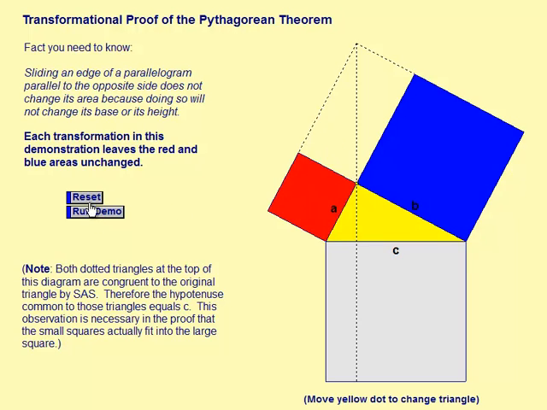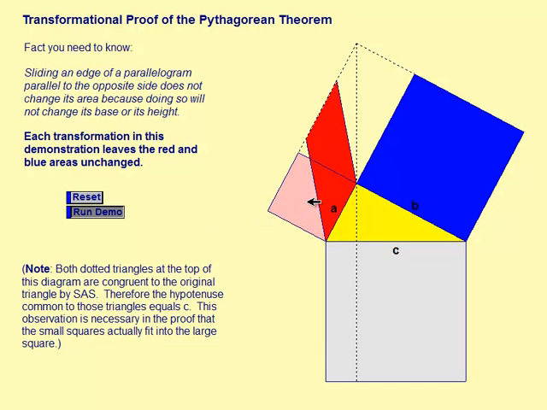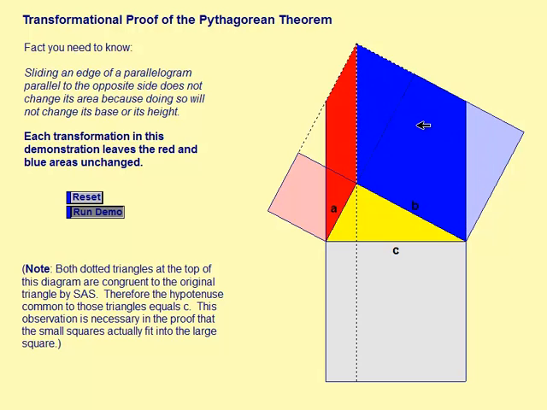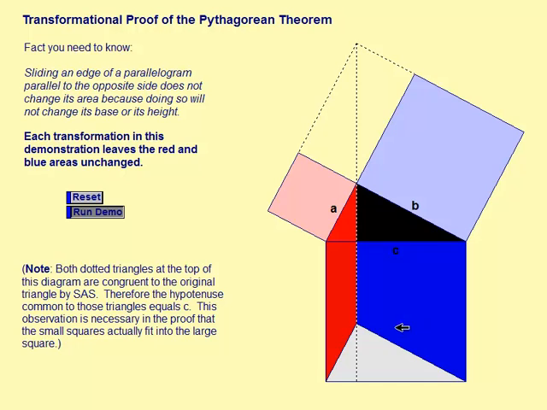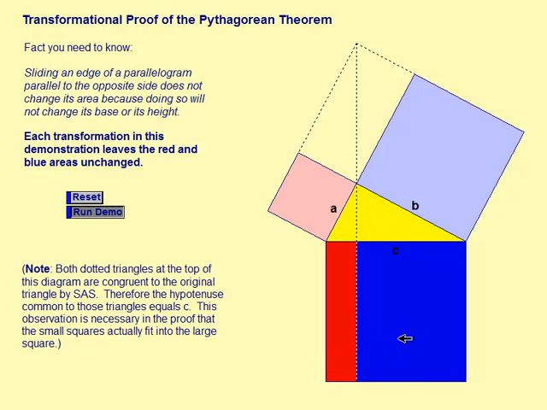Okay, well, let's run the whole demo now. And so it turns out that if I can shear this red square up to that position and shear the blue one, they'll slide down and exactly fit down here. Now what we've done is we've taken literal squares built on these sides A and B, and we've shown that the area of this square plus the area of this square equals the area of this square.